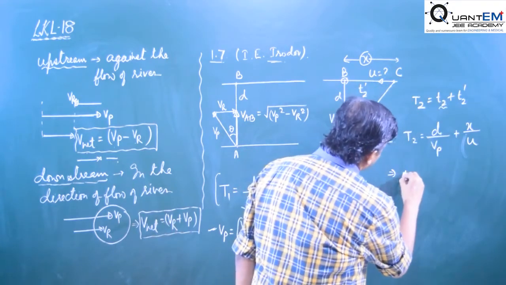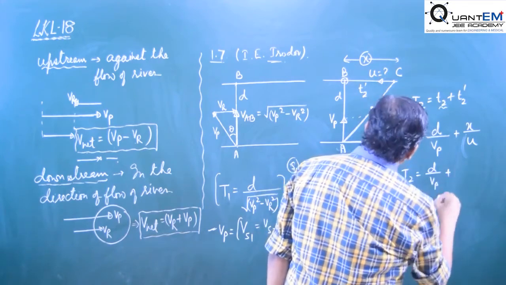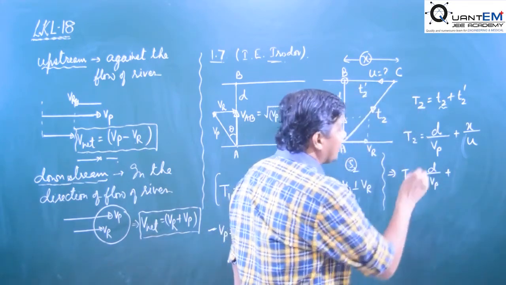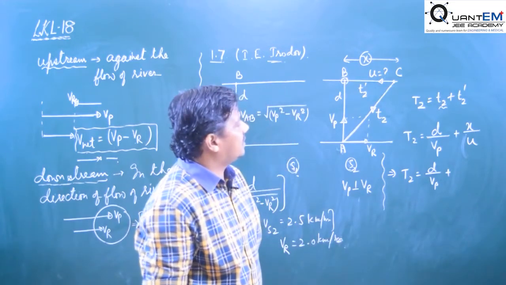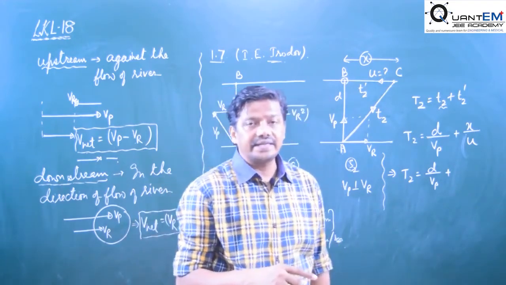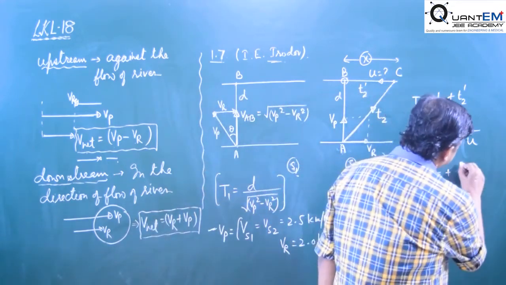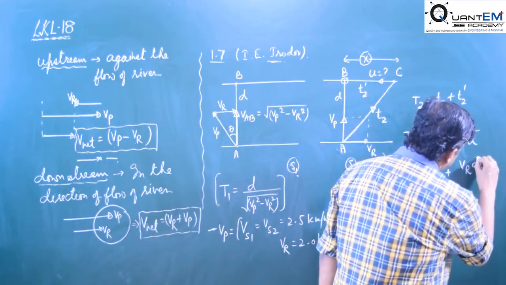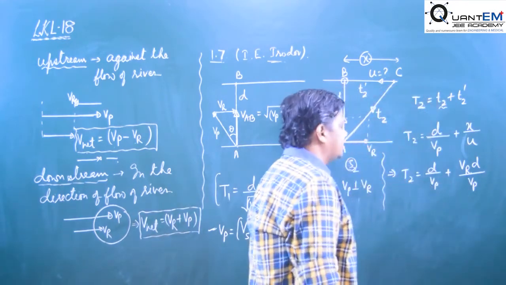Now we also have the value of x. In the perpendicular condition, when the particle takes minimum time, the value of x was Vr d divided by Vp. That is the result.